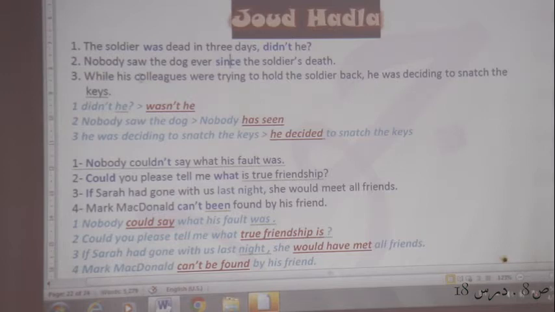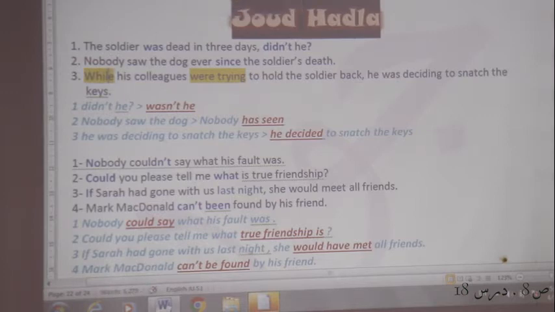Now, while his colleagues were trying, so here past continuous. The form is past continuous. While his colleagues were trying, and here while is used when we write past continuous sentences.